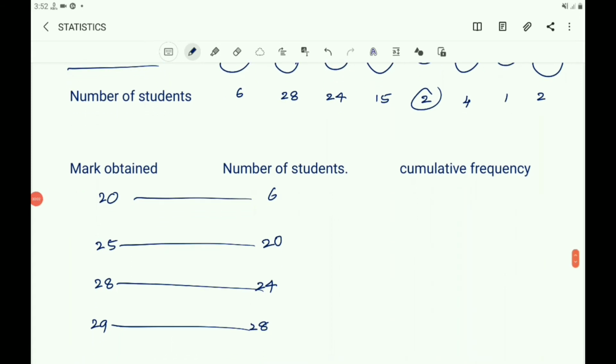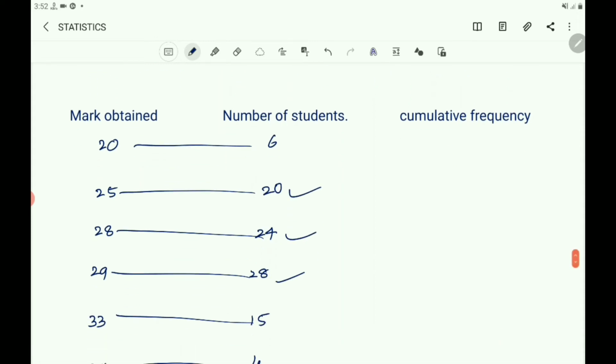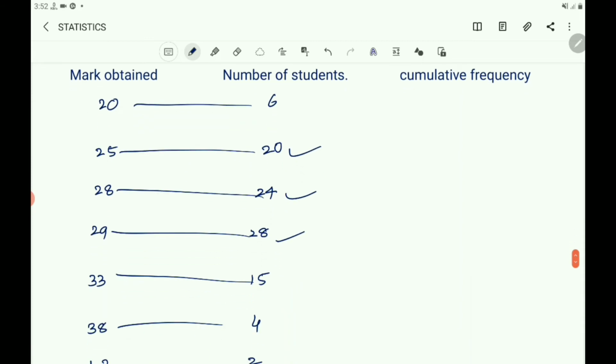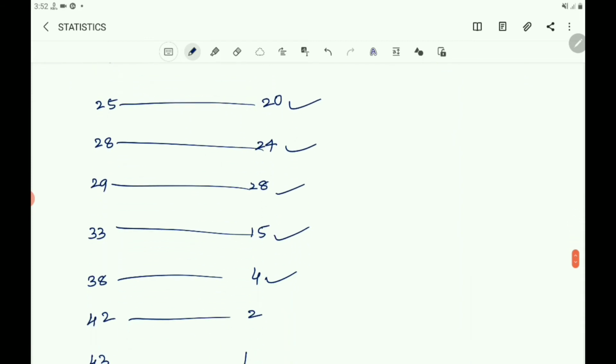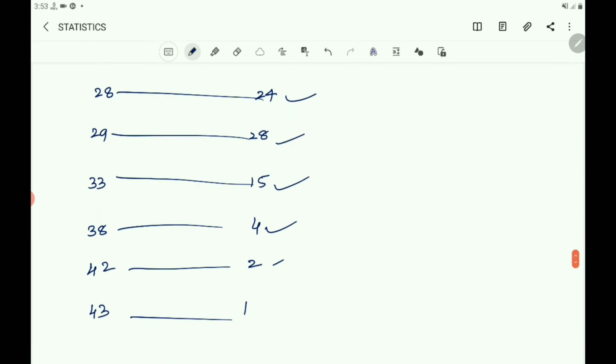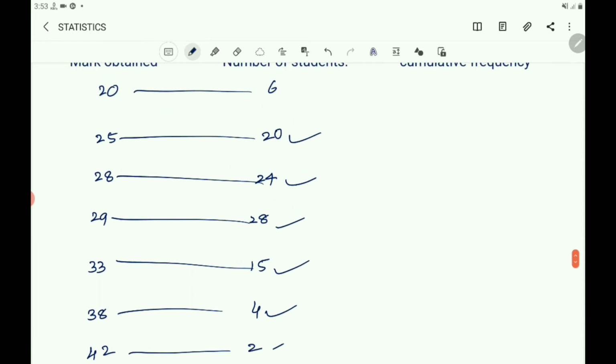In these observations, 20 occurs 6 times, 25 occurs 20 times, 28 occurs 24 times, 29 occurs 28 times, 33 occurs 15 times, 38 occurs 4 times, 42 occurs 2 times, and 43 occurs 1 time.